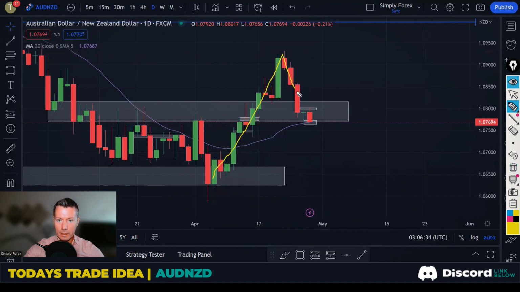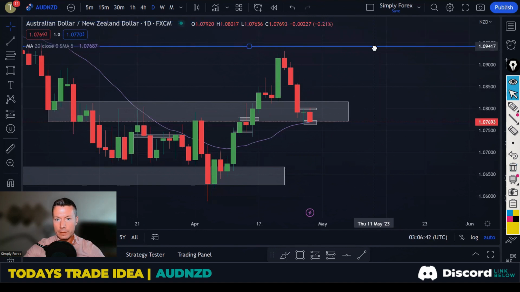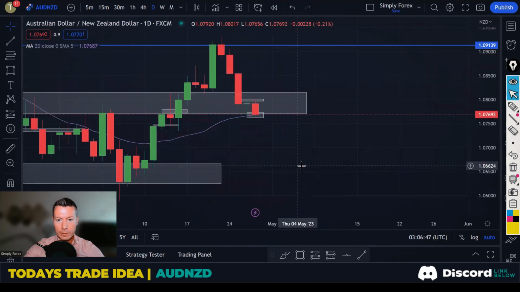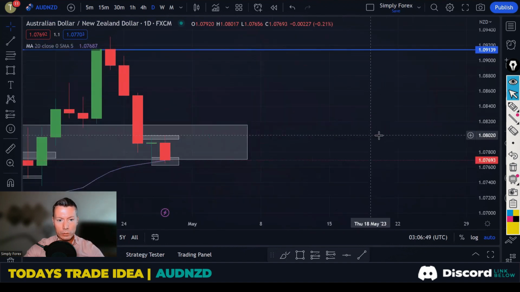So the idea is to come from this gray zone, this area of support, and potentially back up to these highs. I'm actually going to move this target to here. That would be our higher time frame target. If we zoom in now, you can also see we've had this bullish candle. It's not super bullish, I am fully aware of that, especially compared to this last candle, but I just really like this zone.